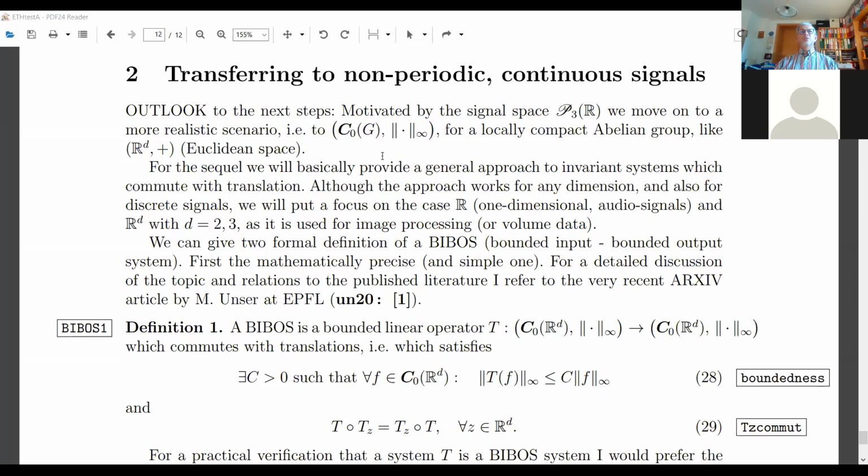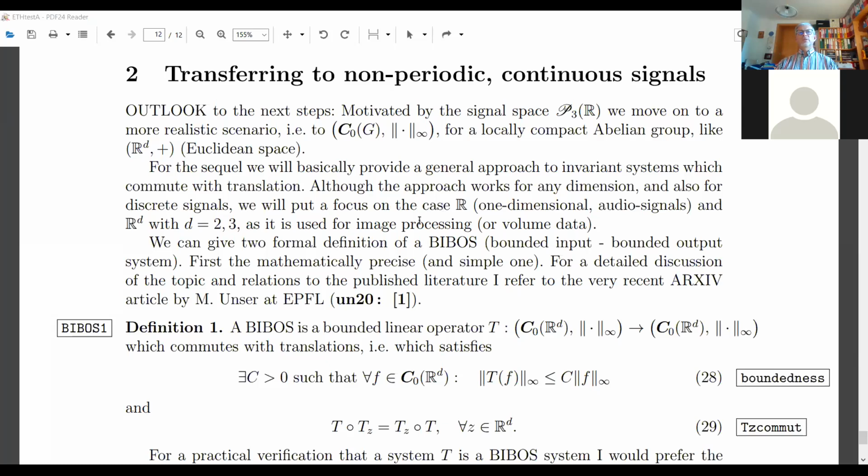So these three situations described in an abstract way, and abstract means not meaningless, but without taking care of individual coordinate systems and so on, will provide a good approach to BIBO systems.